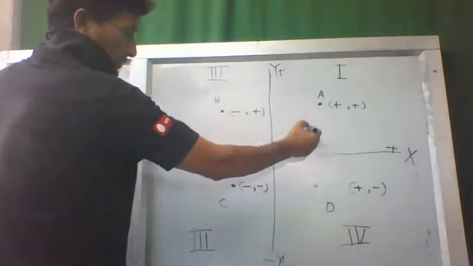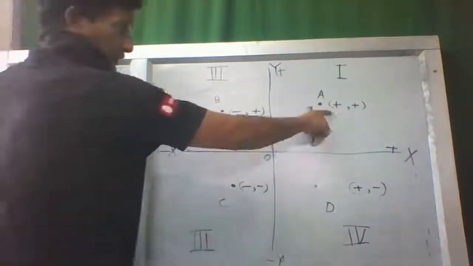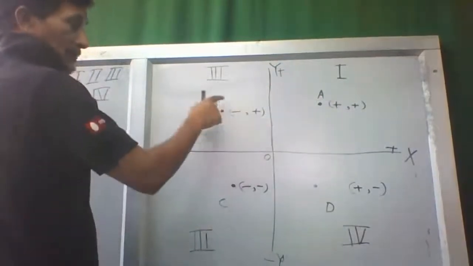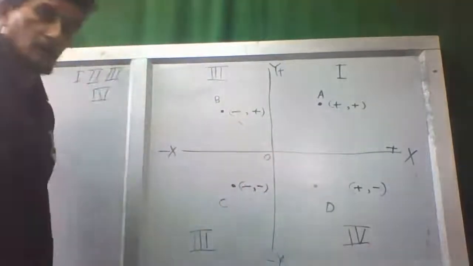Now, how easy it is? See, the straight line crossing through O: if this is positive, positive, its opposite is negative, negative. If this is negative, positive, its opposite is positive, negative. Got it?